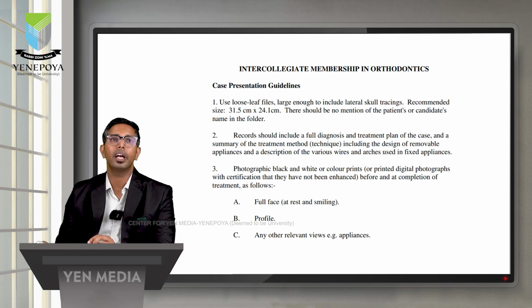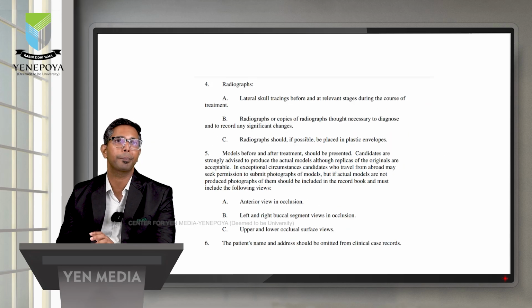So, according to the guidelines, what you will have to have is, in a loose leaf file, lateral skull tracing, recommended size is also mentioned. Record should include a full diagnosis and treatment plan of the case. Photographs would be better, color photos would be better. Full face, profile and other relevant views can also be taken.